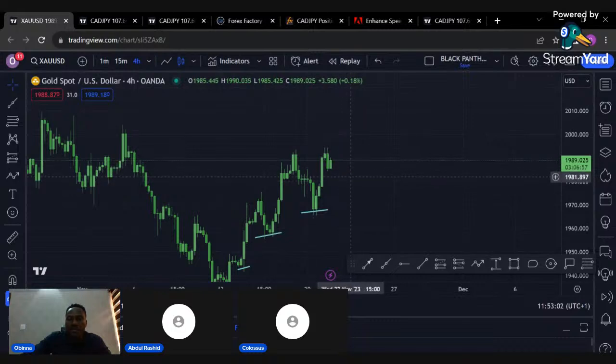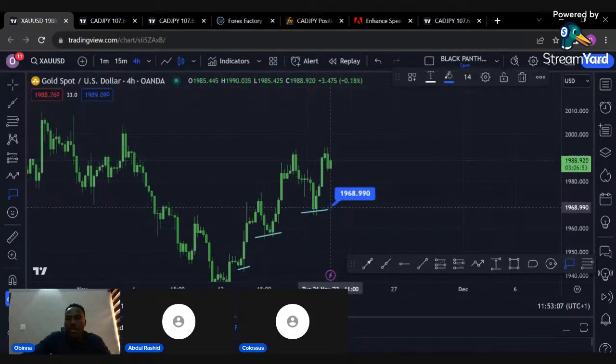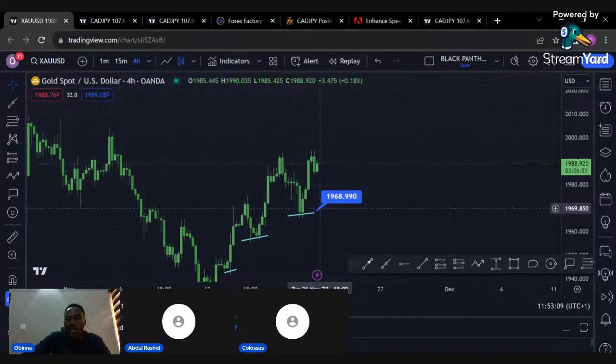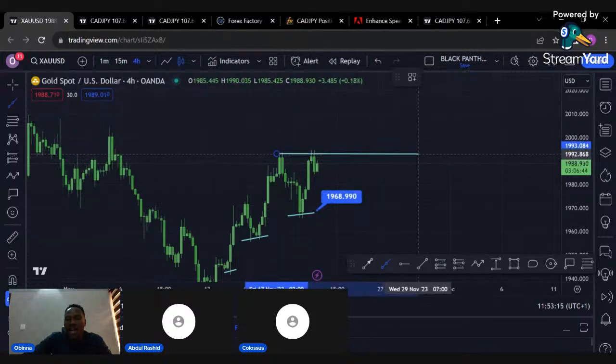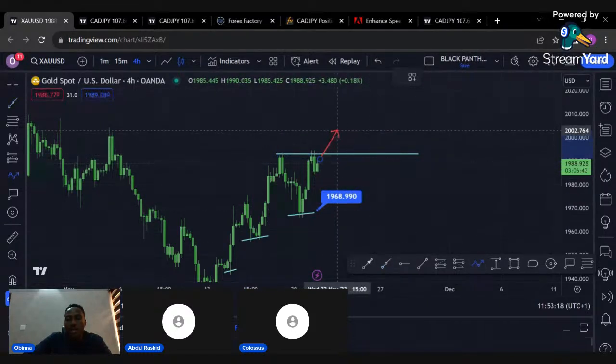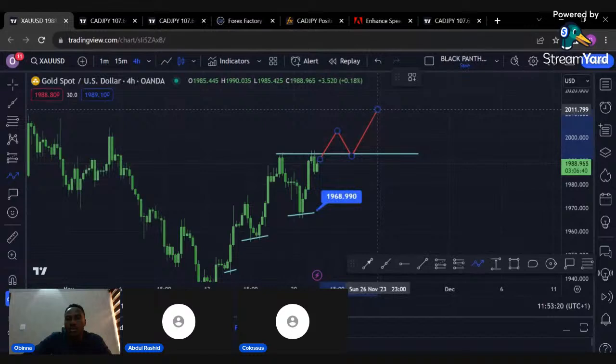And the key area to look out for is here. So you want price to either come back to this place, that is 1968.99, or price breaks above the higher high and look for a new higher low to continue trading.